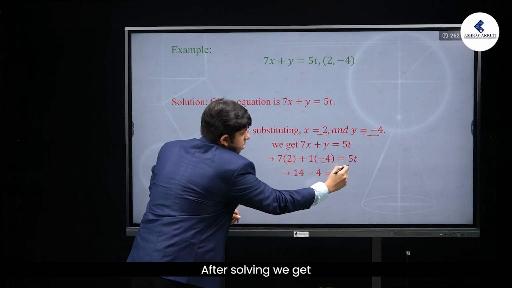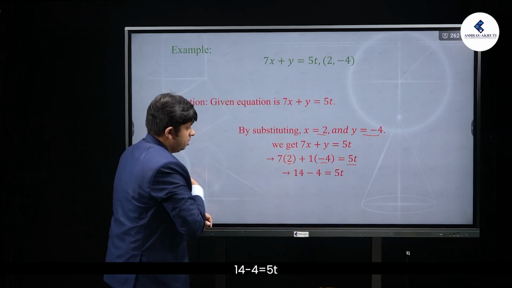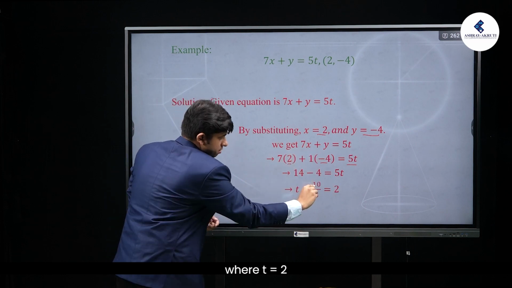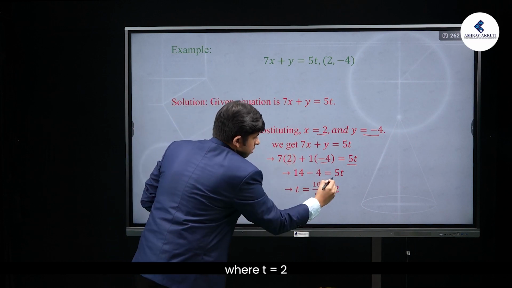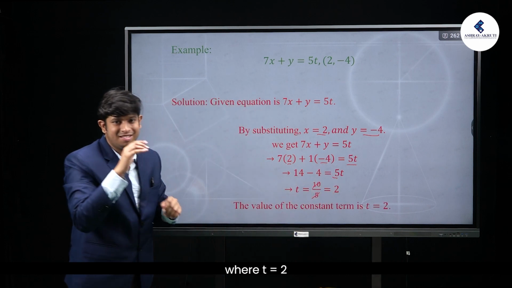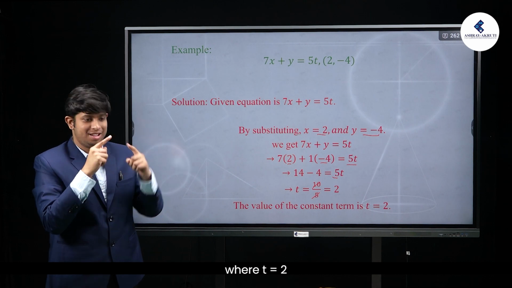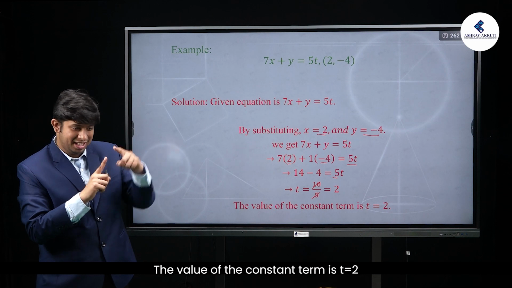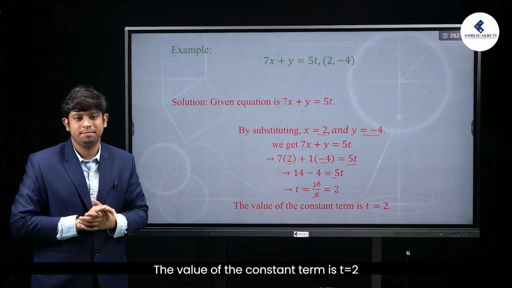After solving, we get 14 minus 4 is equal to 5t, where t equal to 2. The value of constant term is t, which is equal to 2.